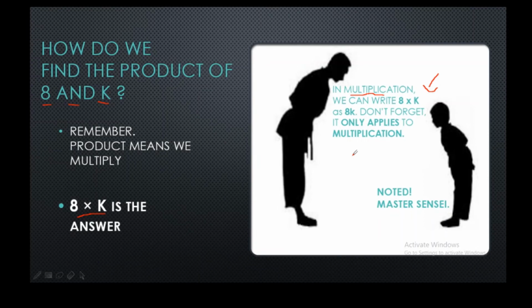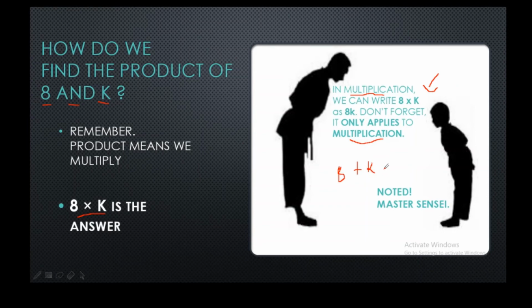That's for Facebook, but this is Sensei's class. So Sensei is telling you, don't forget it applies to only multiplication. Don't do this for addition. So say you have 8 plus k. Never write 8k. No. It only applies to multiplication.